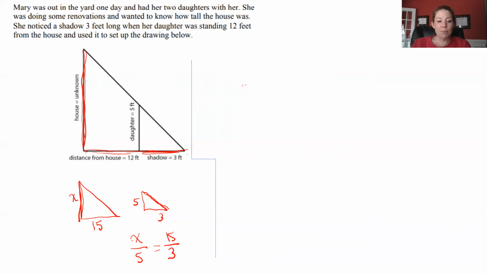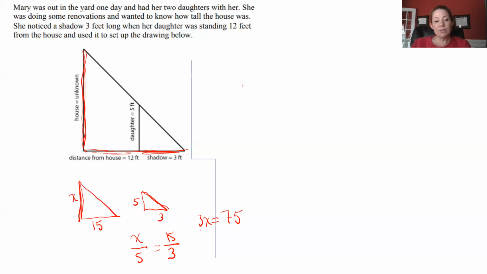So there's our proportion. We're comparing the height of the house to the height of the daughter, and the shadow of the house to the shadow of the daughter. We can't multiply 3 by a whole number to get to 5. That would be easy, but since we can't do that, we're going to use cross multiplication. We multiply 3 times x, which is 3x, and 5 times 15, which is 75.